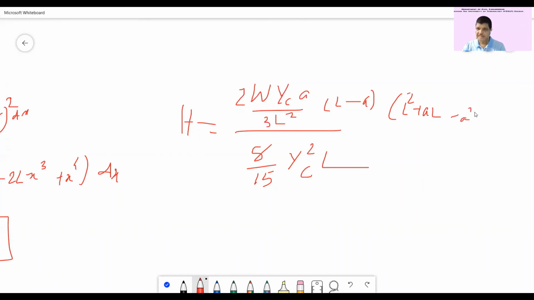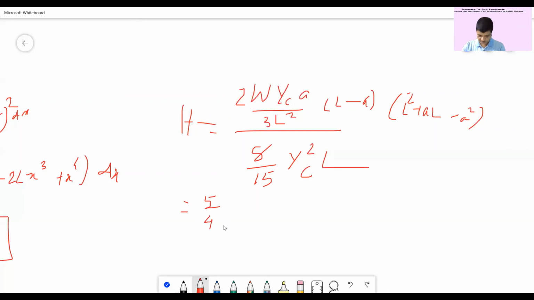So this by this, then what will happen? 3 by 15 will be cancelled and will come as 5, 2 by 8 will come as 4, so it will come as 5 by 4.